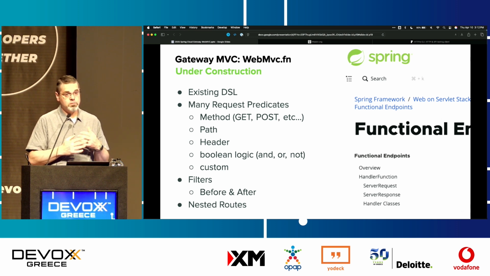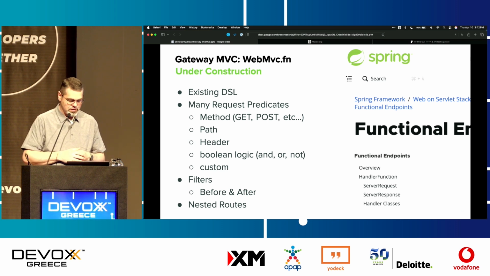You can create custom predicates, which I needed. It already has the concept of a filter, and it even has some shortcuts for before filters and after filters. And it can do nested routes, which is something that people wanted in Zuul and the WebFlux Gateway before too. I'll show a demo of what I mean by a nested route.